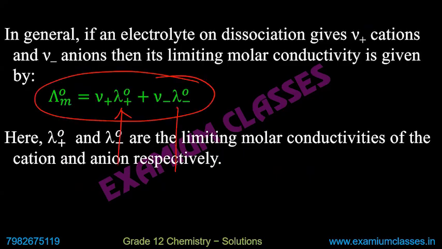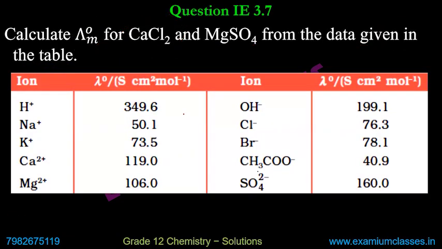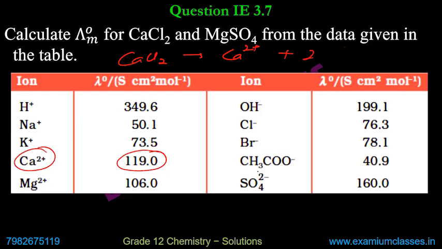Individual limiting molar conductivities will give you the molar conductivity of the electrolyte. So for calcium chloride, you need to use calcium limiting molar conductivity. So CaCl2 will give you Ca2 plus and 2Cl minus. So limiting molar conductivity will be nu plus lambda naught of Ca2 plus plus nu minus lambda naught of Cl minus.